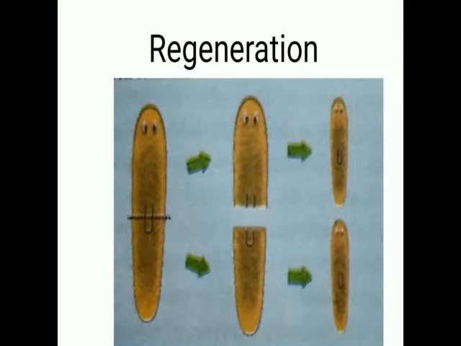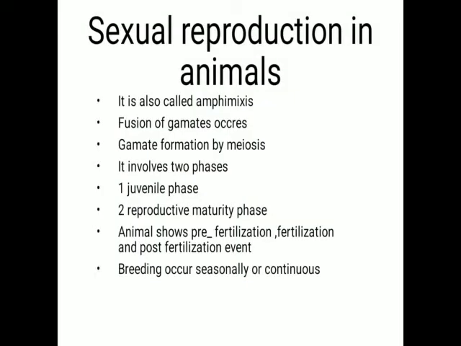During fragmentation, planaria divides into two parts by constriction at the middle part. The split parts again develop into new planaria. They are identical with their parents, so called clones. In this way, we have completed the process of asexual reproduction in lower animals.